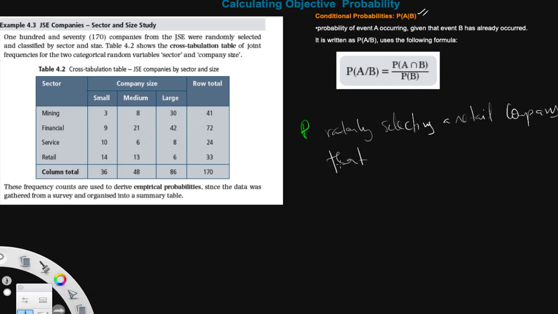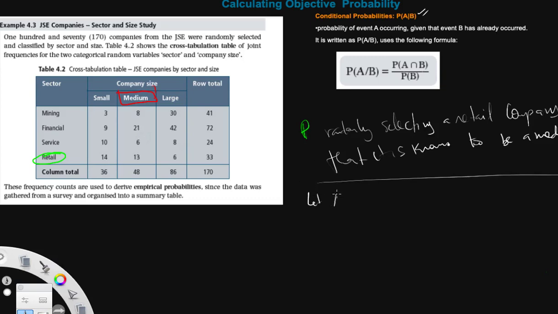Given that it is known to be a medium size. So what I'm asking is about this retail company, but our condition is that we already know that it's a medium size. So this one we know already, so this is our condition somehow.